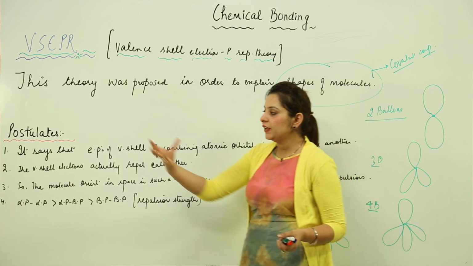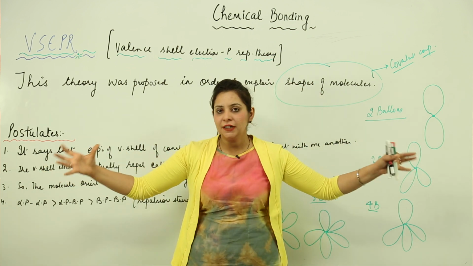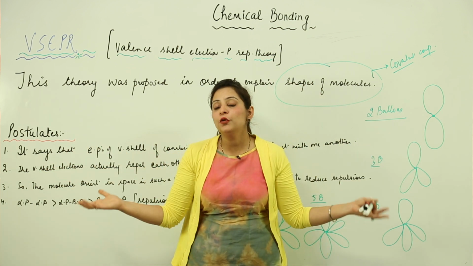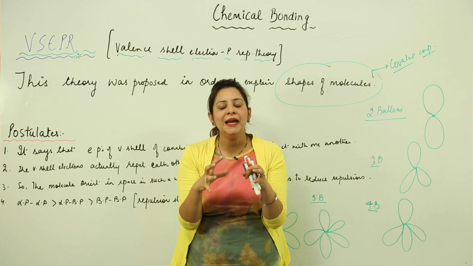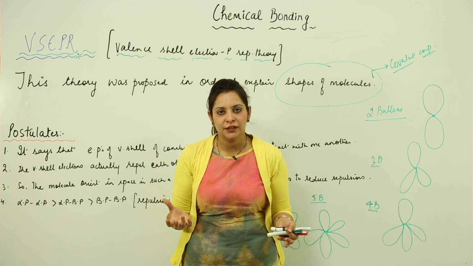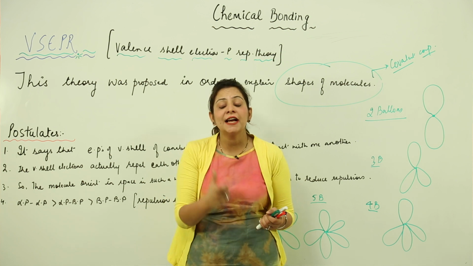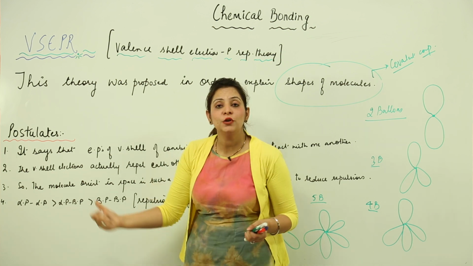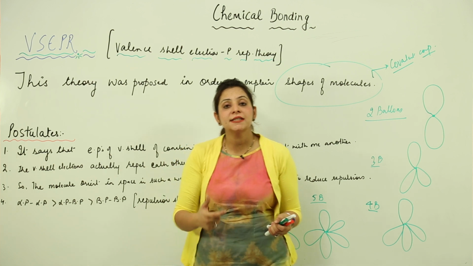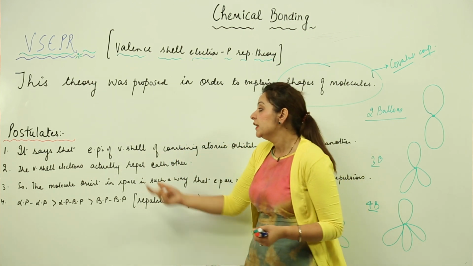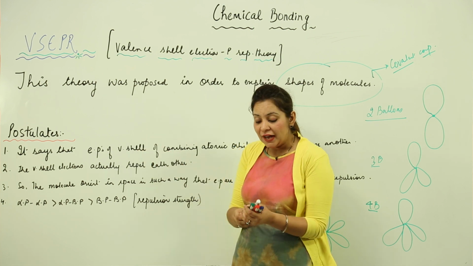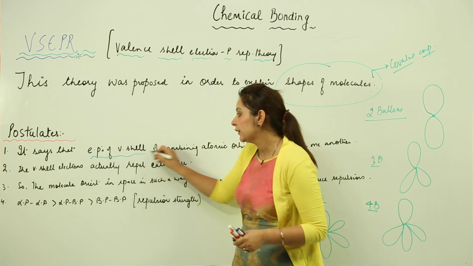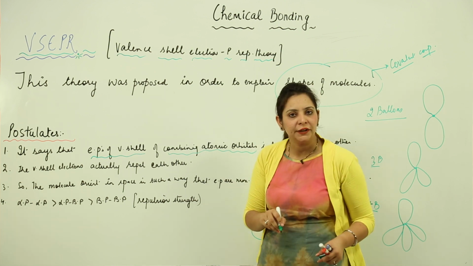If there is one atomic orbital and another far apart, there won't be any interaction, but when they approach each other in order to combine, they will interact. VSEPR theory says that the interaction is mostly between the electron pairs of the valence shell of the combining atomic orbitals.